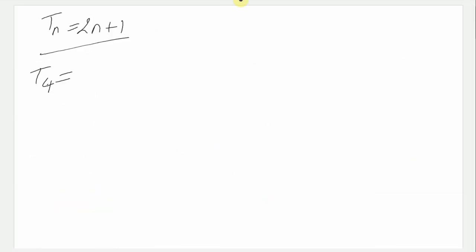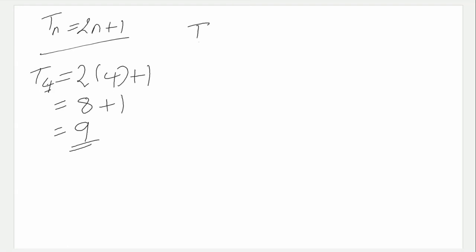So we're going to substitute our value of n by 4, then plus 1, and I get 2 multiplied by 4, which gives me 8, plus 1, which gives me 9. Okay, so let me do it again for T3 just to be sure.